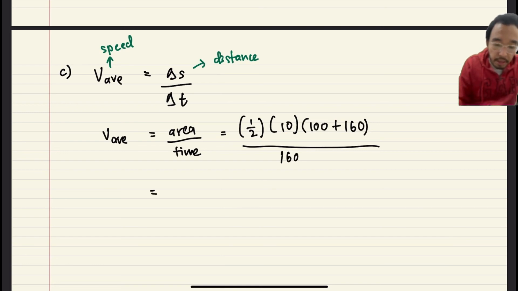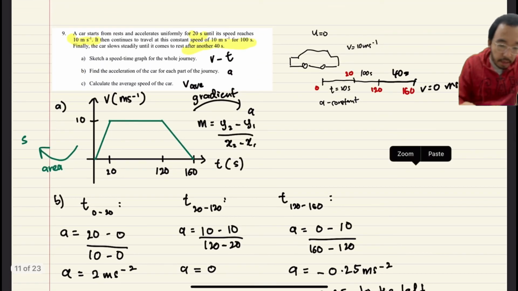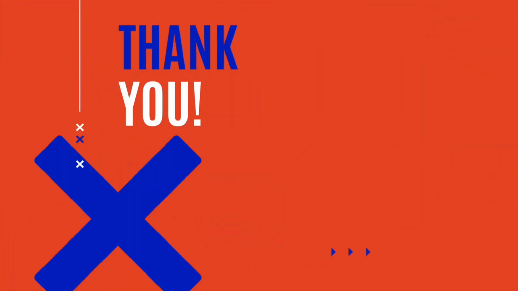So 260 times 10, you get 2,600, divided by 2 is 1,300, divided by 160. Yeah, 8.13 meter per second. Because you are calculating the speed, you don't have to bother with the direction. Okay, thank you.